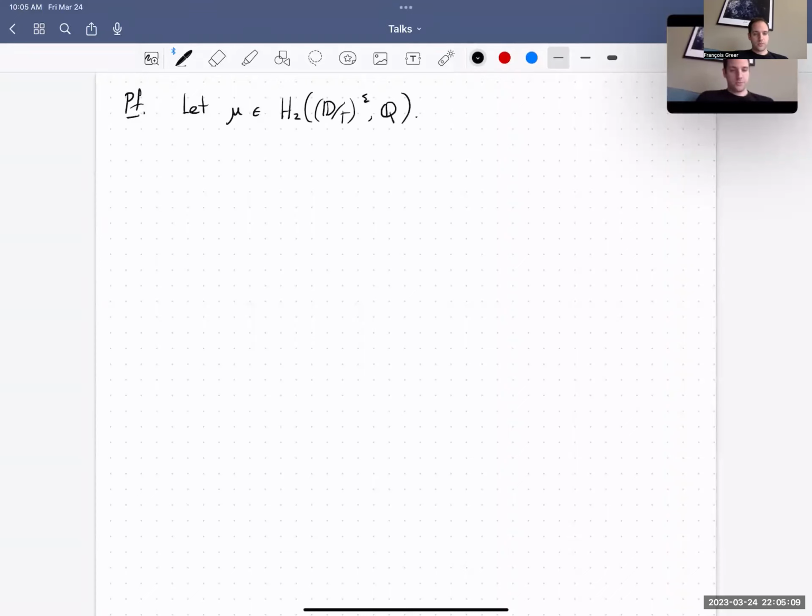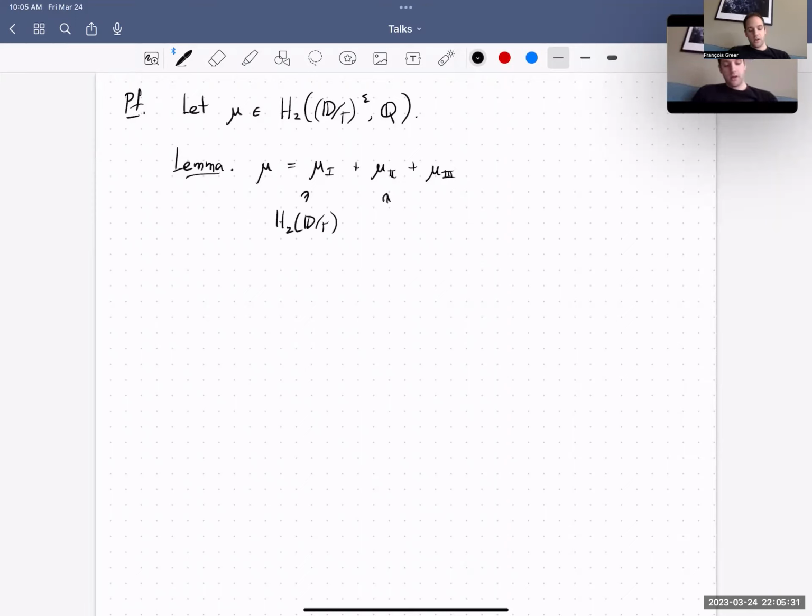To take a test cycle, you need to prove the following lemma, which is that mu can be decomposed into mu1 plus mu2 plus mu3, where mu1 is a compact cycle that's supported on the interior. So it's in H lower 2 of D mod gamma. mu2 is in the direct sum of H lower 2 of the DJs.